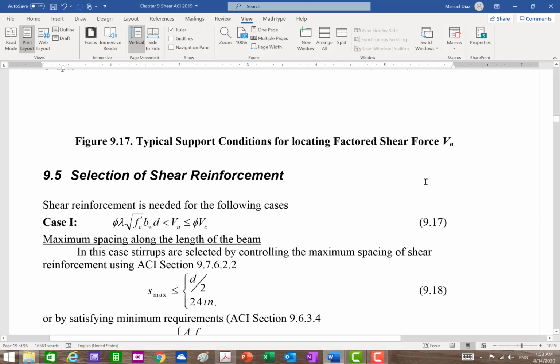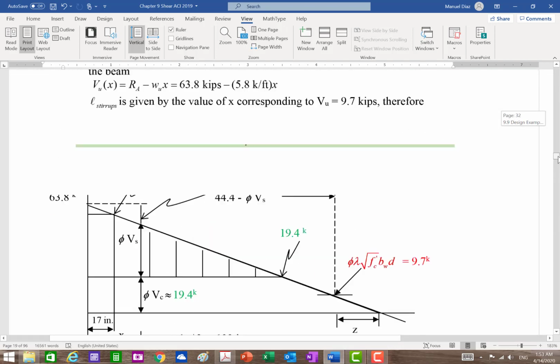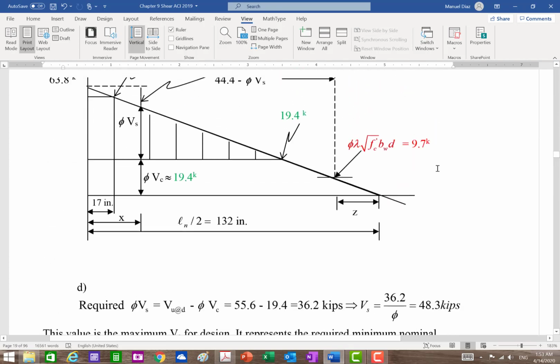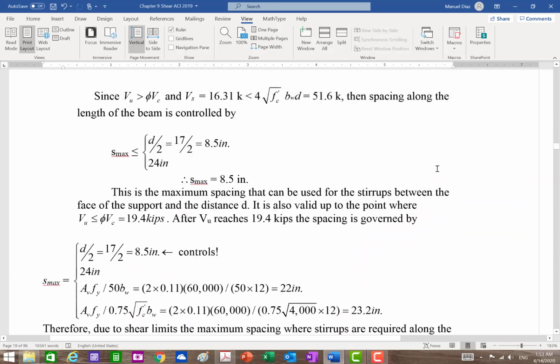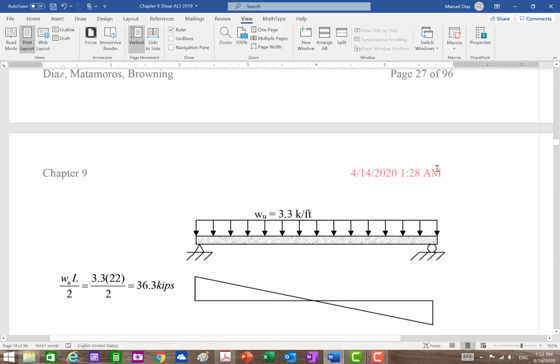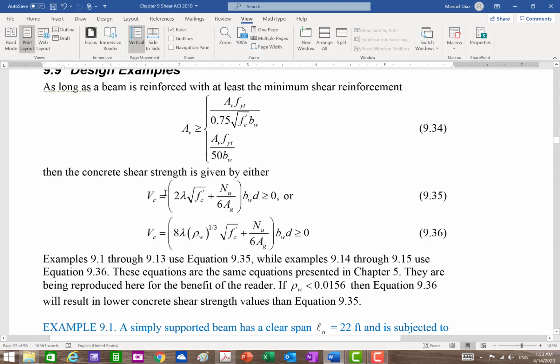But if you use the first equation for shear, which is this one right here, there's the first equation for shear. This is 0.